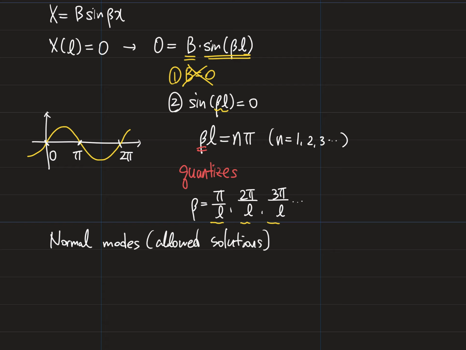So we just use the capital X for the part related to the position x. But now we are going to add the subscript n to make sure that the allowed value beta is dependent on some quantized number n.